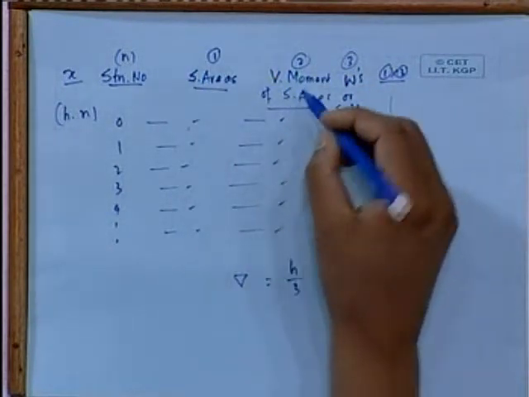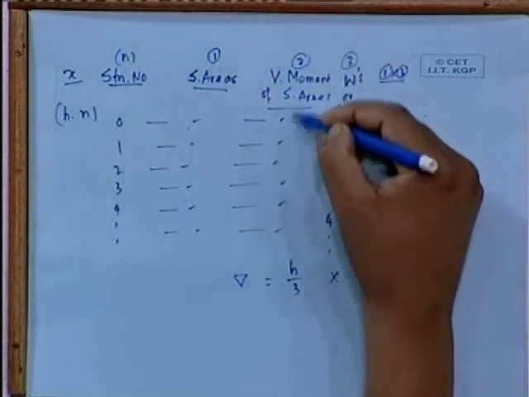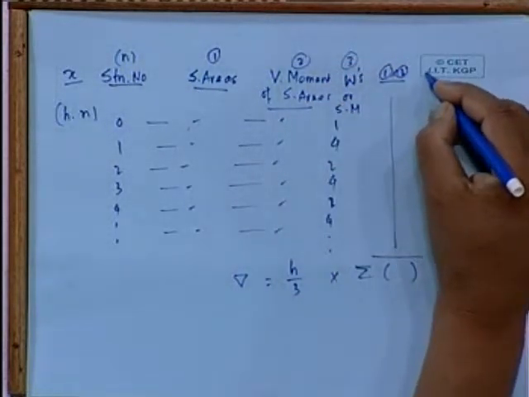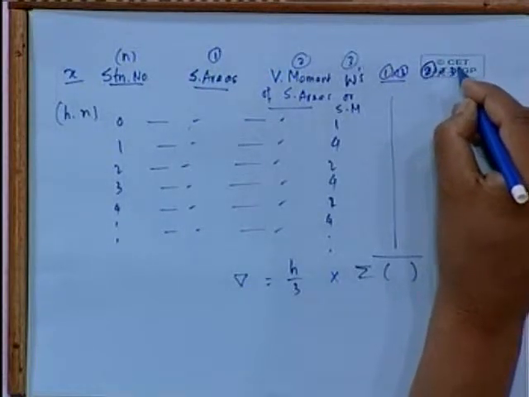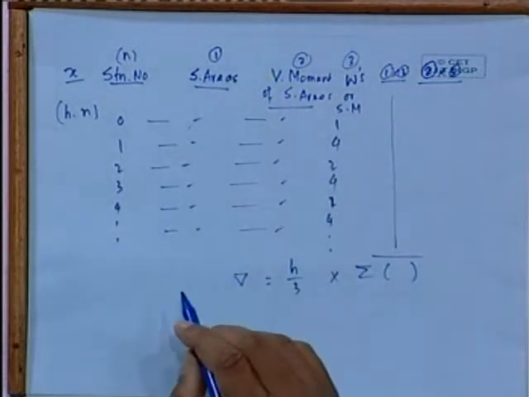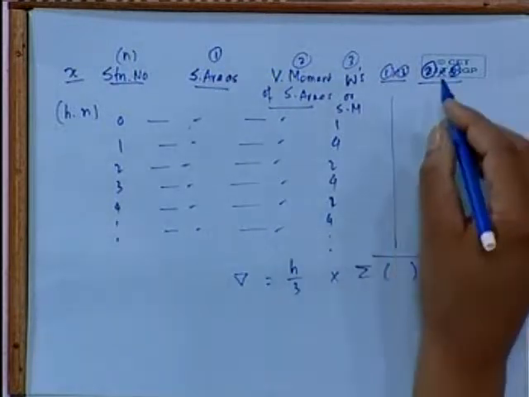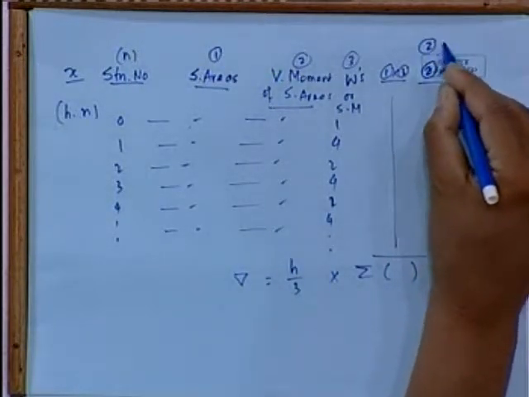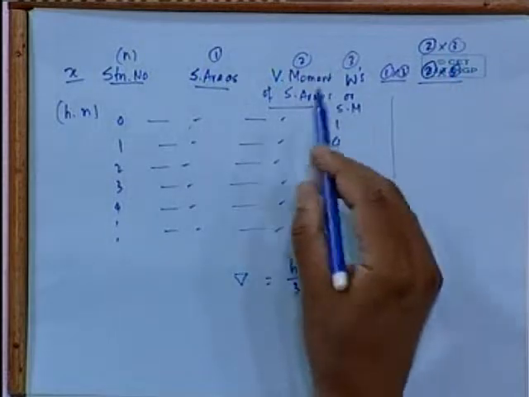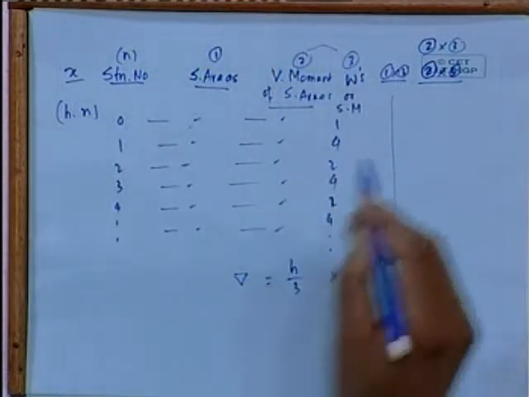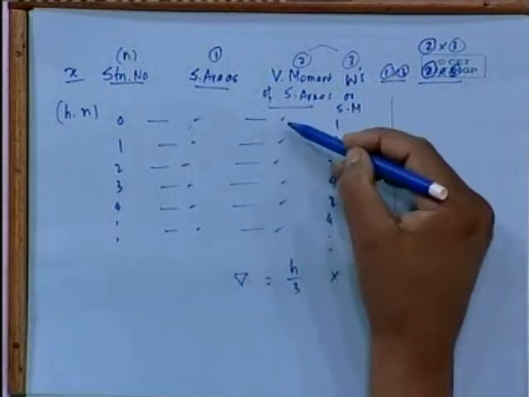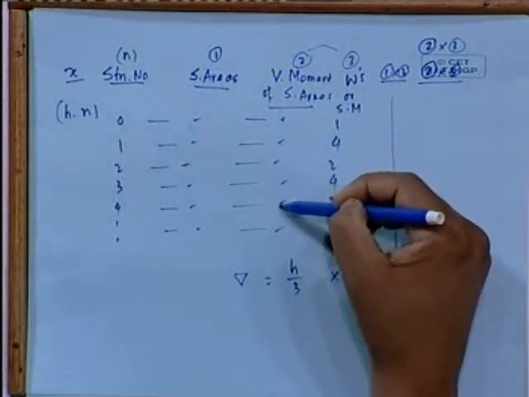Now I want to integrate this column, the vertical moment. Then I have to have this next line as 2 multiplied by 3. I write it here, 2 into 3. That is, the vertical moment is this 2, because I am trying to integrate these values.